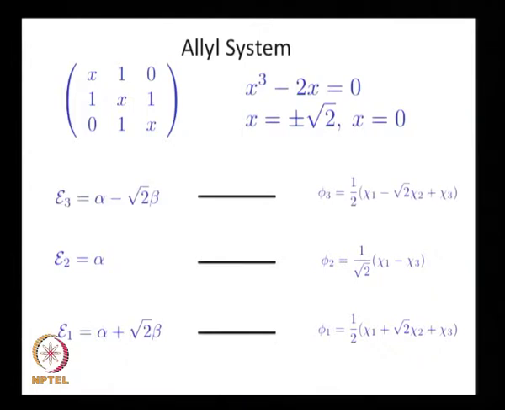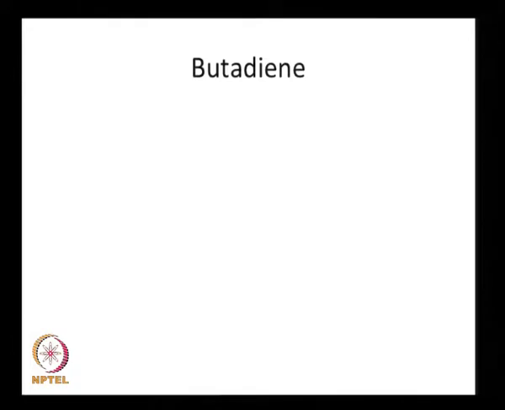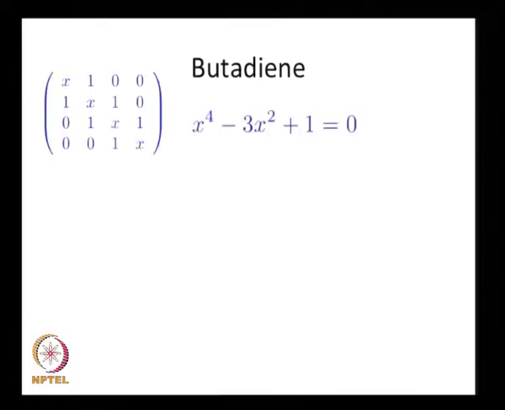We have again discussed all this. Then if you think of butadiene, this is the Huckel matrix. Expand the Huckel matrix, you will get this equation, x to the power of 4 minus 3x square plus 1 is equal to 0. You can solve for the values of x, you will find that these are the values of x, right, minus 1.618, minus 0.618, plus 0.618 and 1.618.